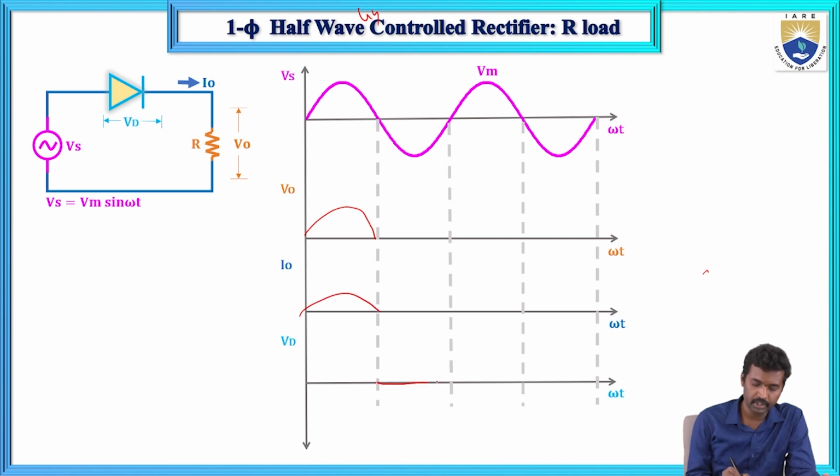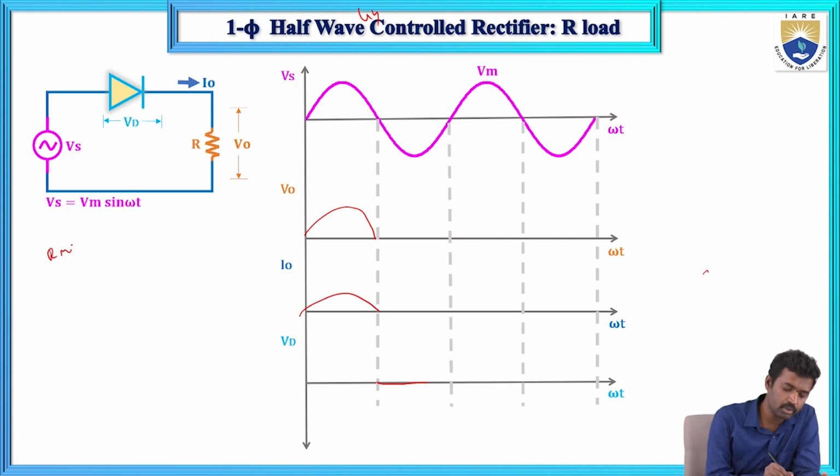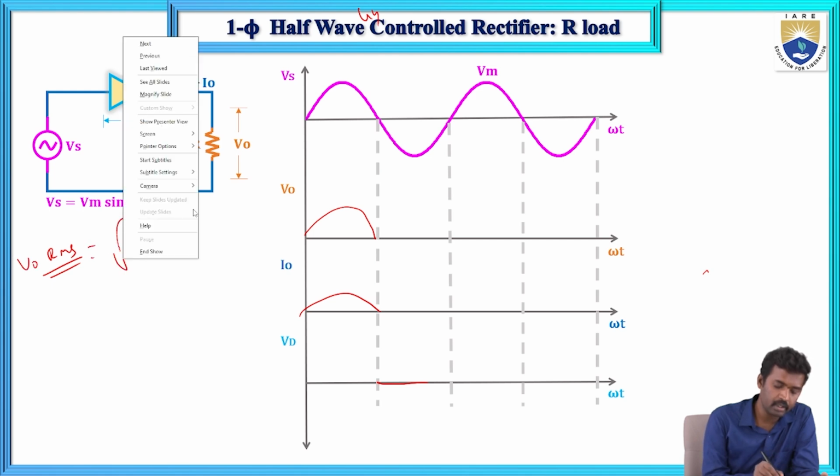Now the RMS value, V0 RMS equals, how will you calculate it?